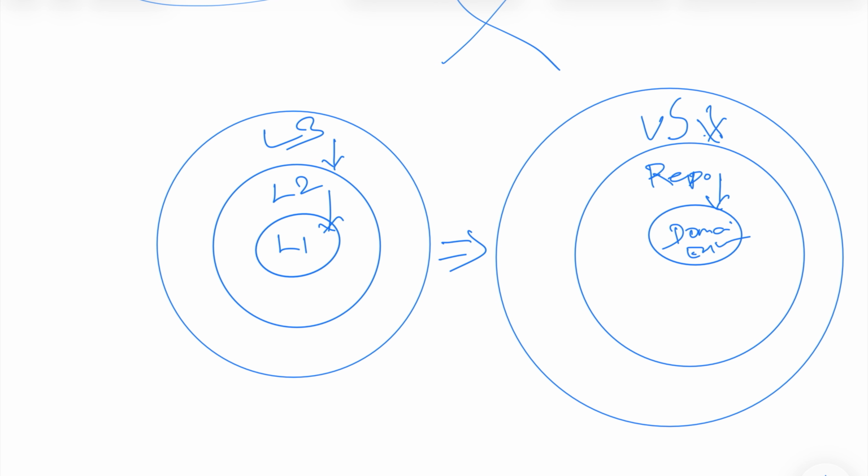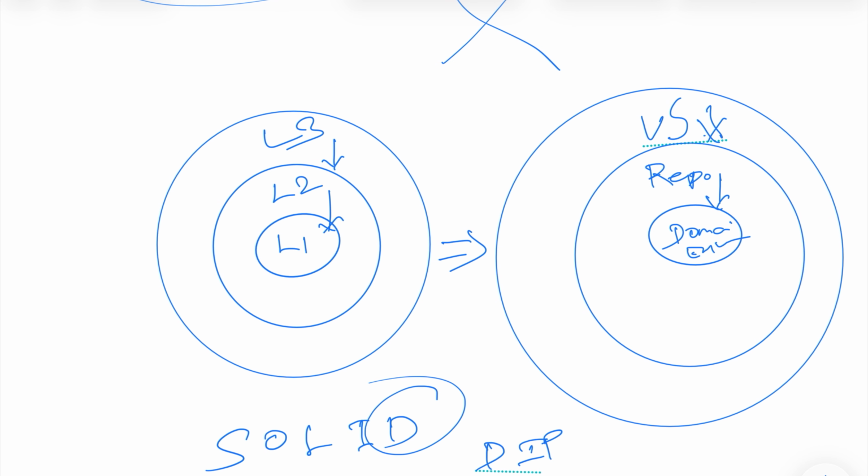We know what dependency inversion is, but how we are going to achieve it is where dependency injection comes in. I told you guys earlier, dependency inversion is one of the principles in the SOLID design principles, where the D is DIP, the dependency inversion principle.